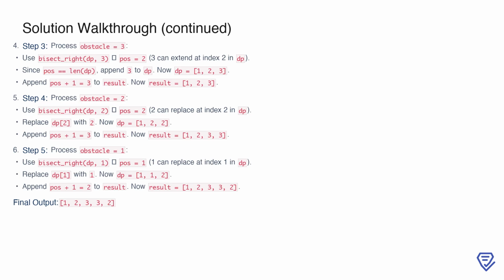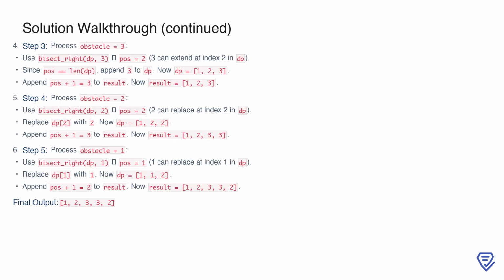Next, we process the obstacle 3. Using bisect_right on dp with 3 results in pos equals 2, meaning 3 can extend the sequence further. As pos equals the length of dp, we append 3 to dp, which now becomes 1, 2, 3. We then append pos plus 1, or 3, to result, making it 1, 2, 3.